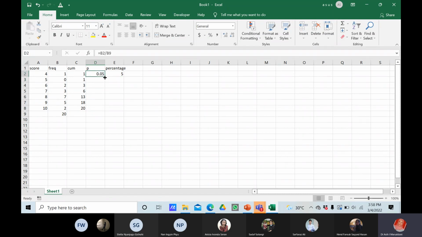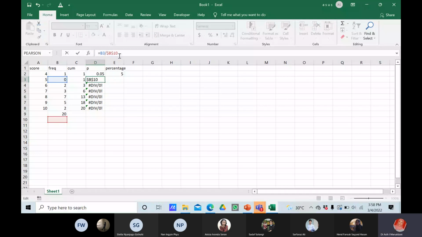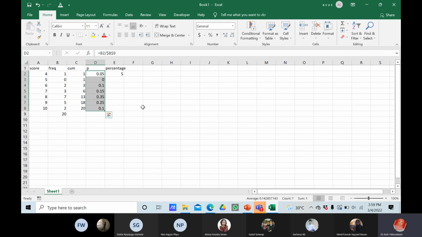Then you can copy this formula to all these cells.